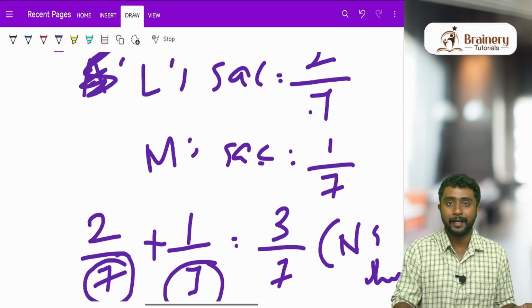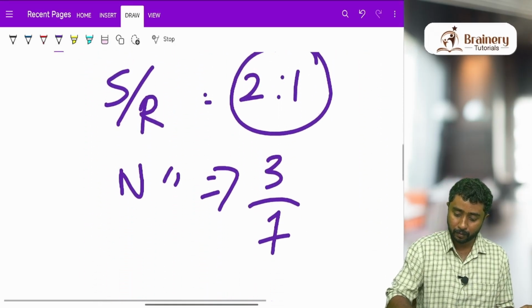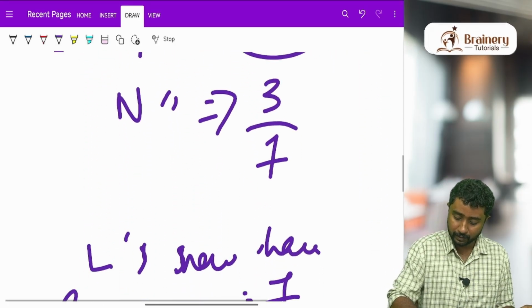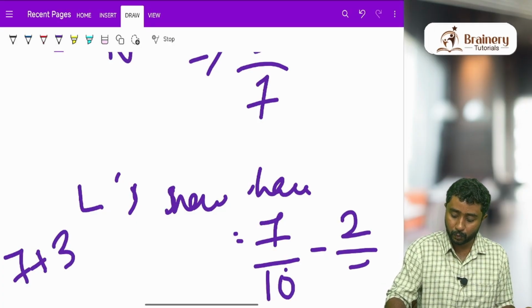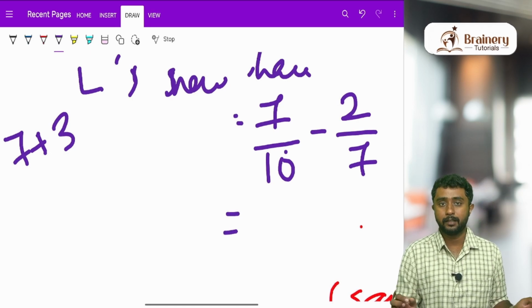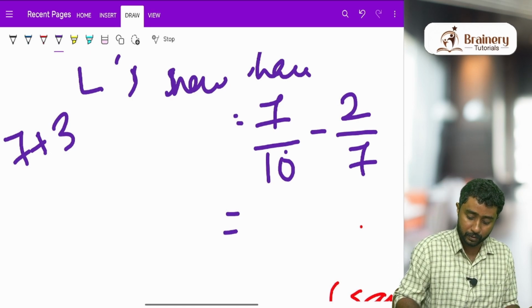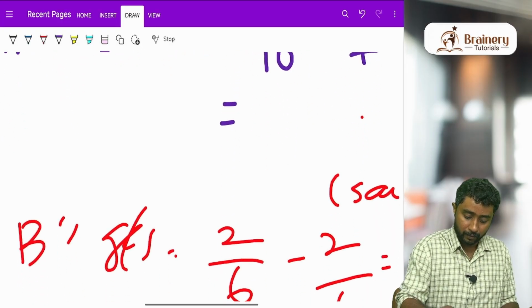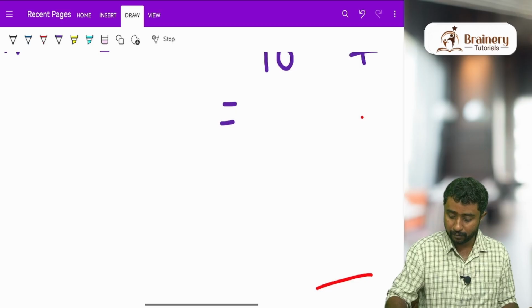We already wrote L's sacrifice is 2 by 7. L's total share was 7 out of 10, and we are removing 2 by 7 from it. Whatever is remaining will be his new share, or his balance share. The balance share is actually called the new share. So when we do that, we will get the answer.